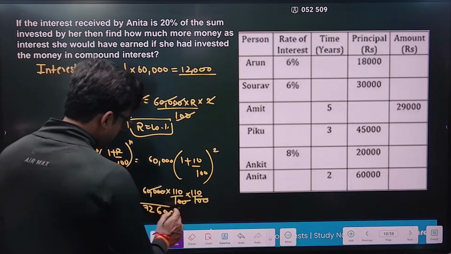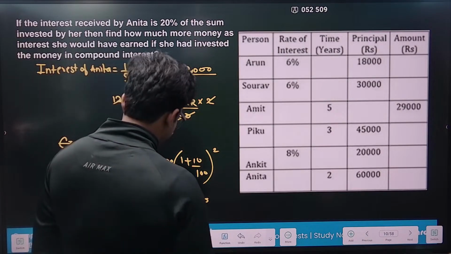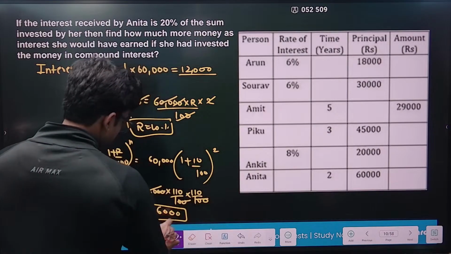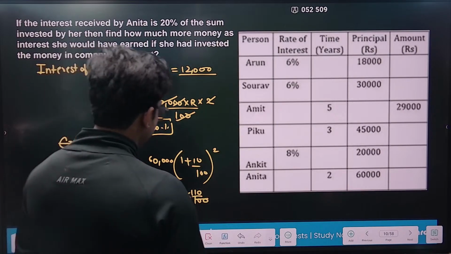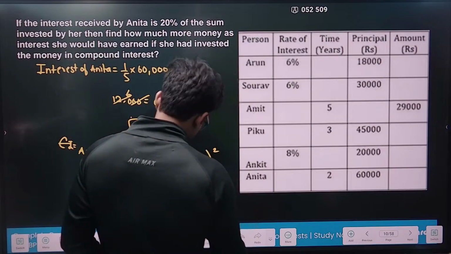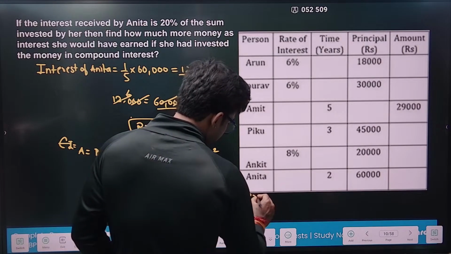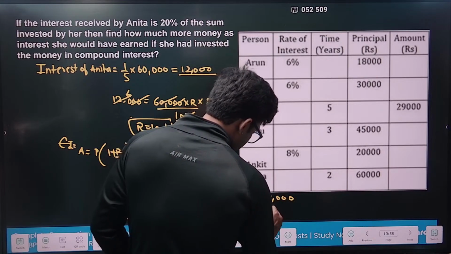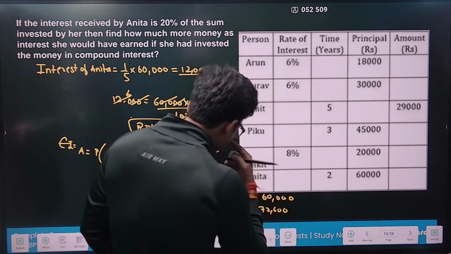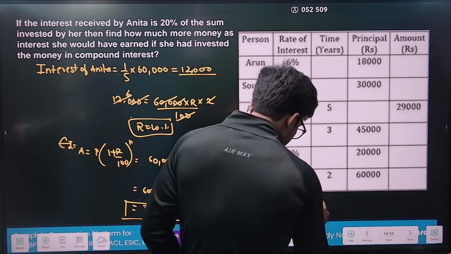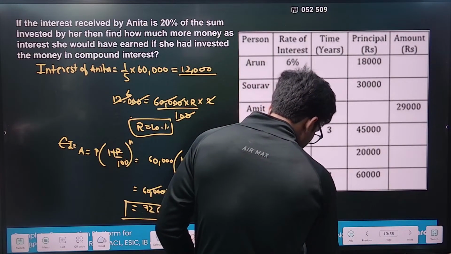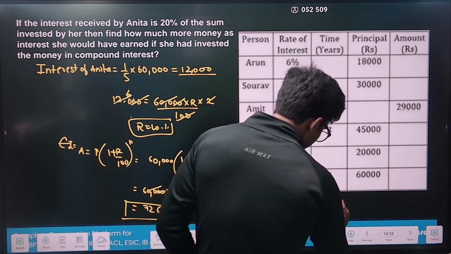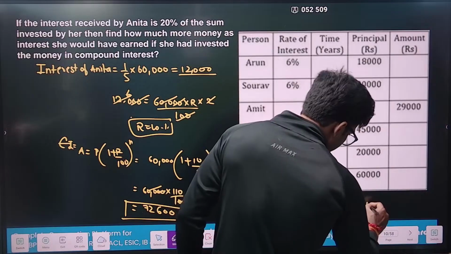This is the interest in terms of compounding.